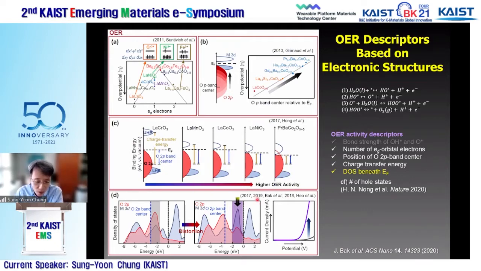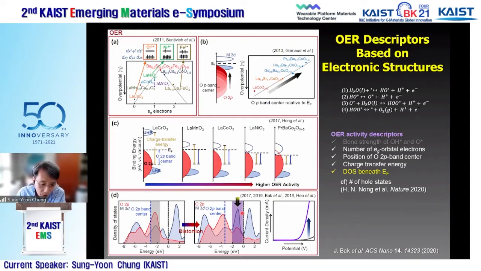We have been focusing on the density of states, including such a charge transfer concept. If we have a larger density of states near the Fermi energy level, that can give more hole states. When voltage is applied at the anode side, the Fermi energy level becomes lower.